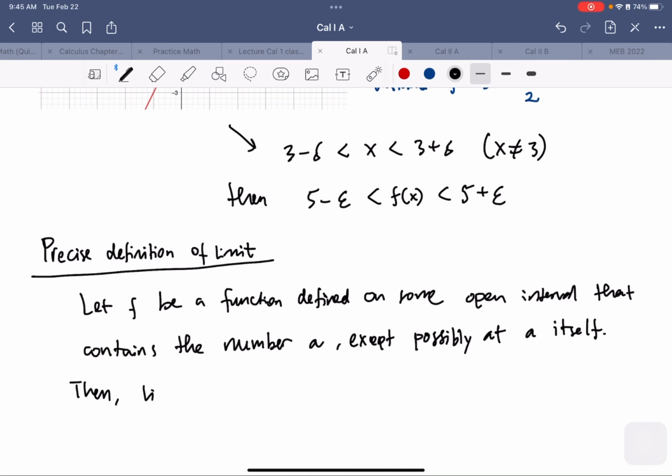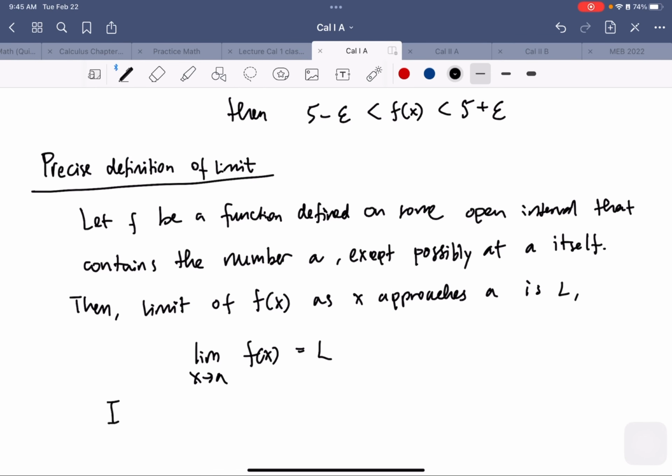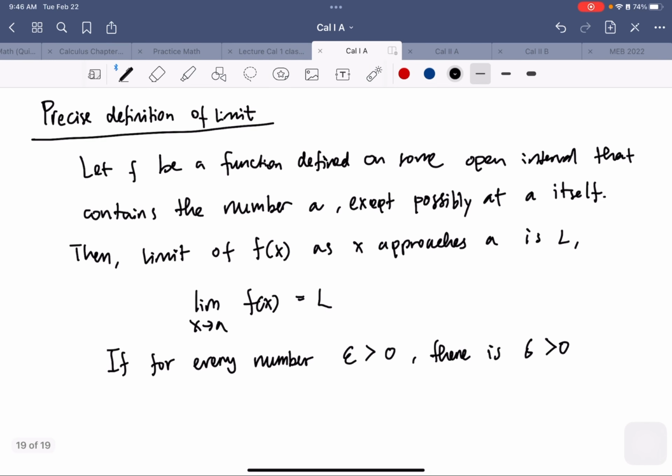Then the limit of f of x as x approaches a is L, and we write it, if for every number epsilon that is positive, there is a delta that is positive such that if, then.